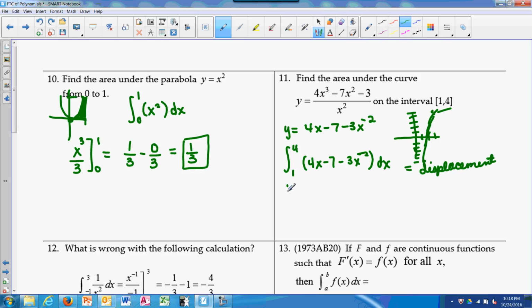So we have 4x squared divided by 2 minus 7x minus 3x to the negative 1, because we're adding, remember. We can correct our notation a little here.